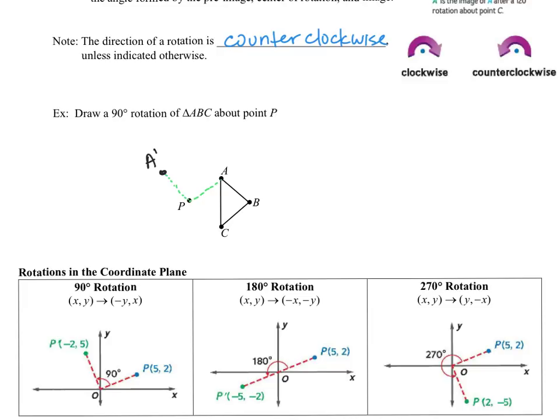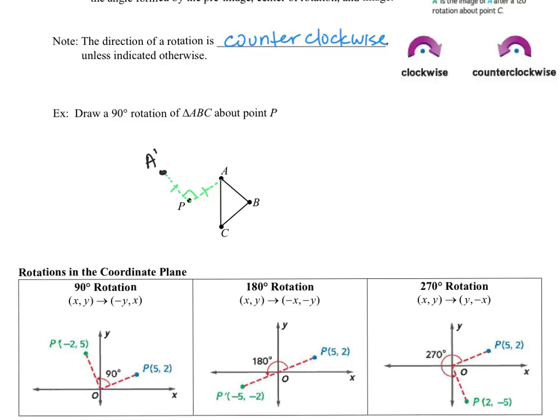The distance from P to A should be congruent to the distance from P to A prime, and the angle from A to the center of rotation to A prime should form a right angle. I think we've done a pretty good job here. Those segments look congruent, and the angle A to P to A prime looks like a right angle.